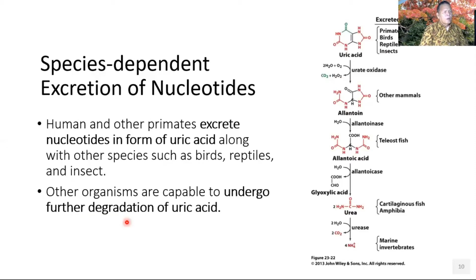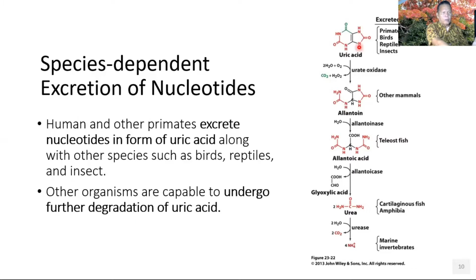Now let's move to species-dependent excretion of nucleotides. Humans and other primates excrete nucleotides in the form of uric acid, along with other species such as birds, reptiles, and insects. Other organisms are capable of further degradation of uric acid. Now let's see this pathway.